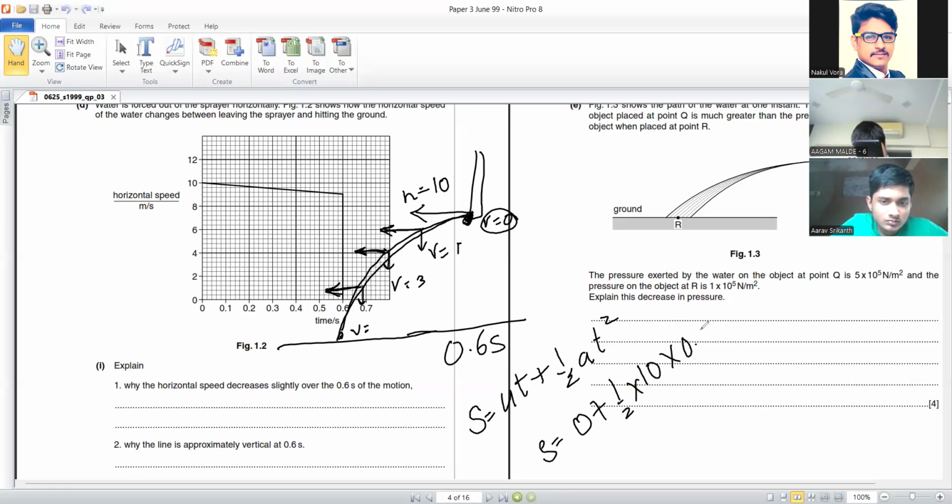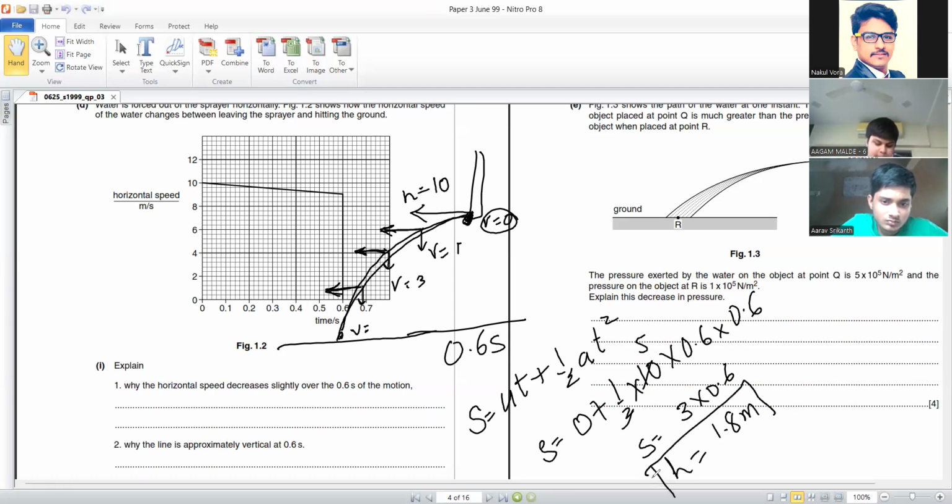What is T? 0.6 into 0.6. 3 into 0.6 will be 1.8 meters. So the height from which it is falling is 1.8 meters.